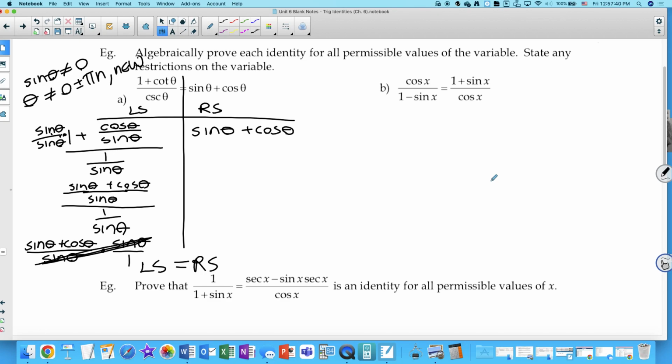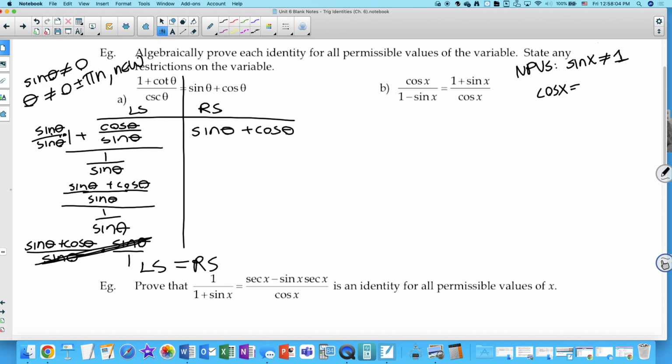Sine x cannot be 1. Okay, so 1 minus sine x cannot equal 0, which means sine x cannot equal 1. And then the other one: cosine x cannot equal 0.